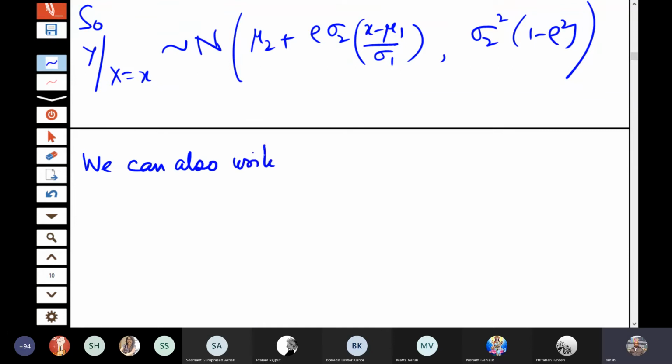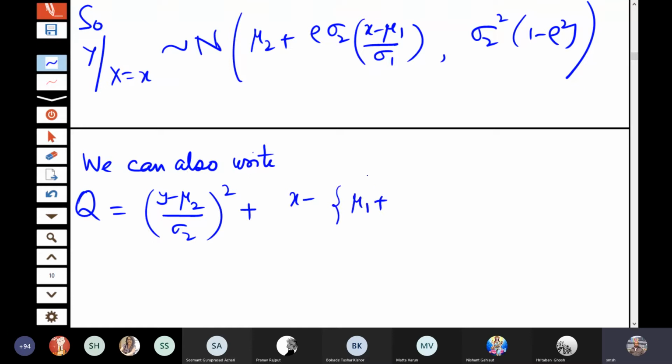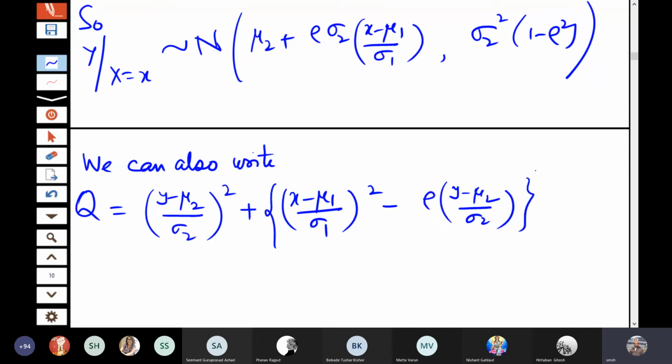We can also write q as y minus mu 2 by sigma 2 square plus x minus mu 1 by sigma 1 square minus rho y minus mu 2 by sigma 2, whole square.